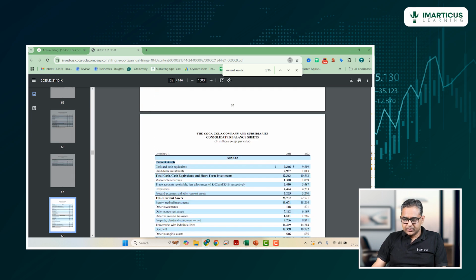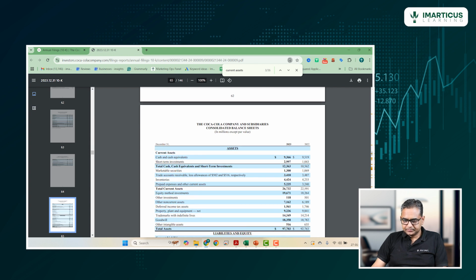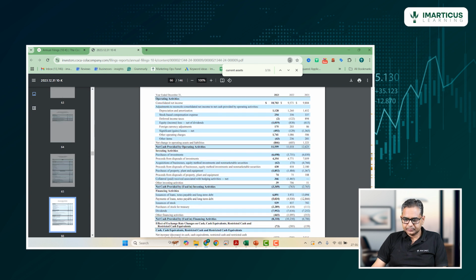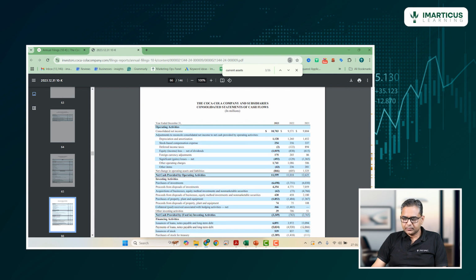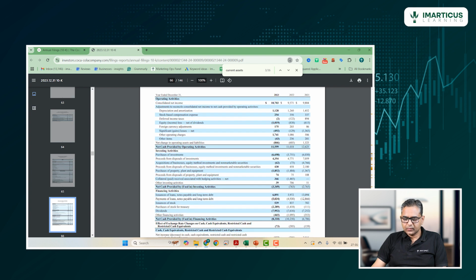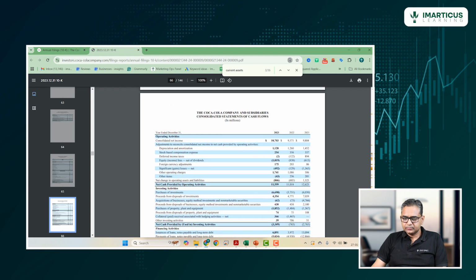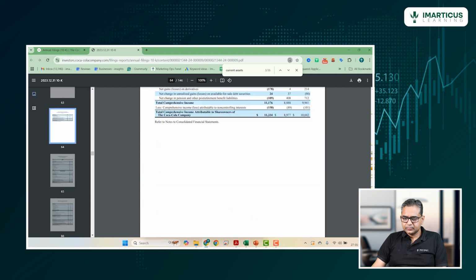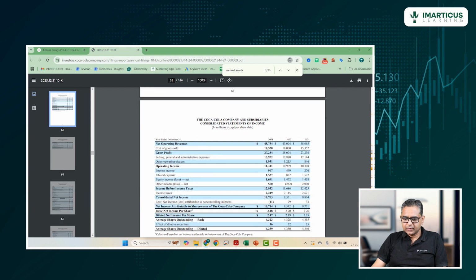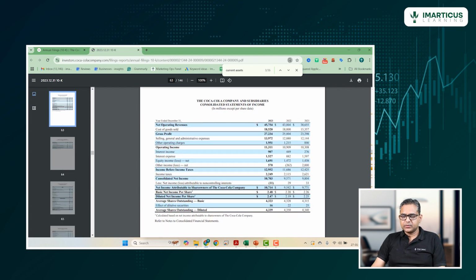So if we see here, we have revenues minus COGS will give us gross profit, minus operating expenses will give us operating income, and from there we pay the interest expense, right?